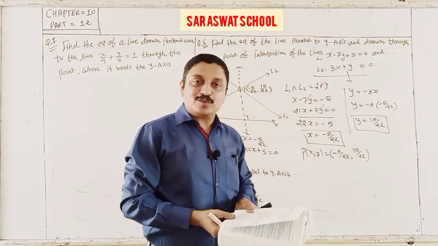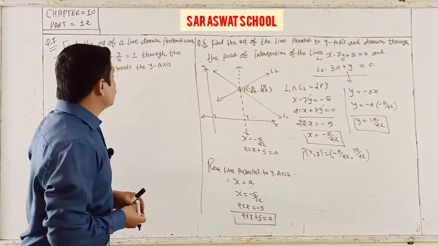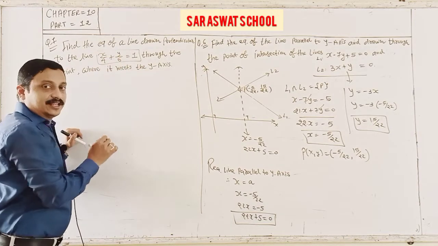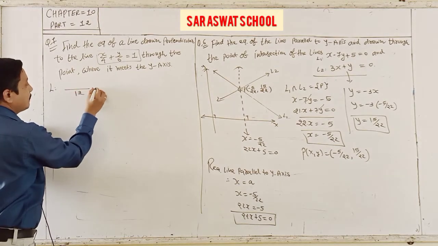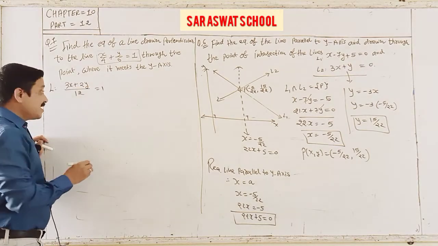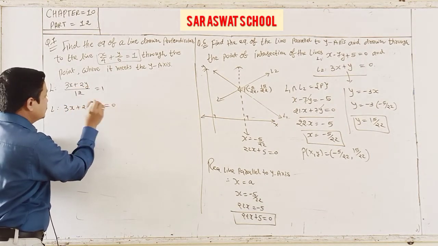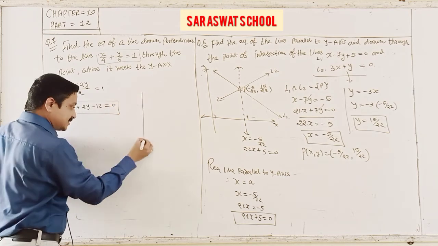So again, read the proper question, students. What is the question? Find the equation of line drawn perpendicular to this line. So first of all, I simplify this line using the LCM. What is the LCM? 12. Here 3 4s are 12, 2 6s are 12. So 3x plus 2y minus 12 is equal to 0. This line, I also plot on the axis.